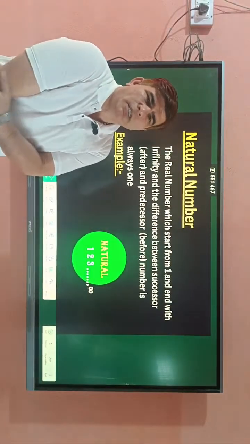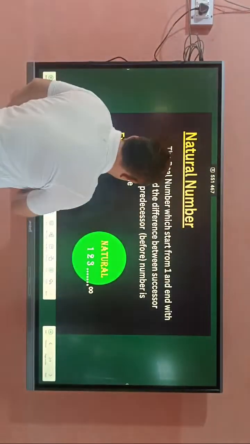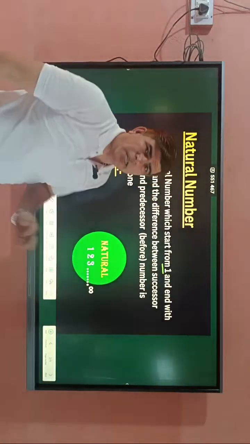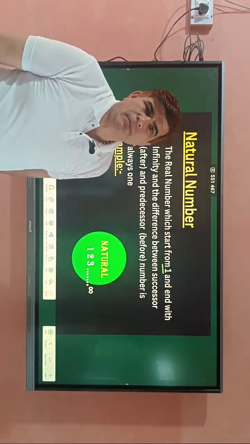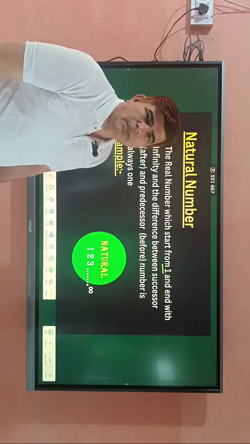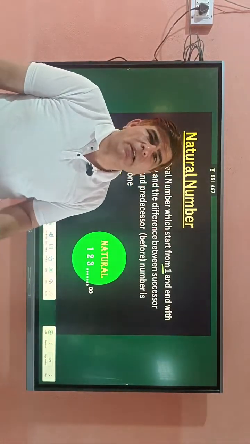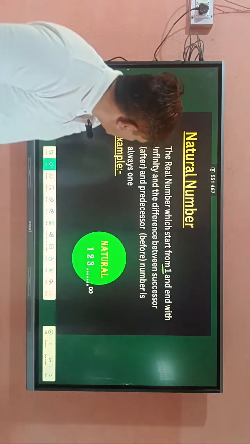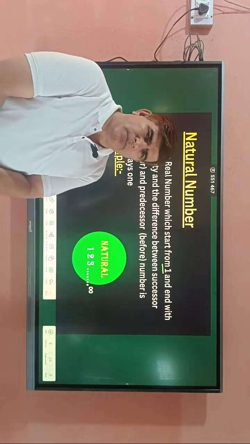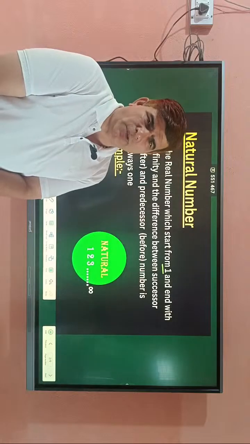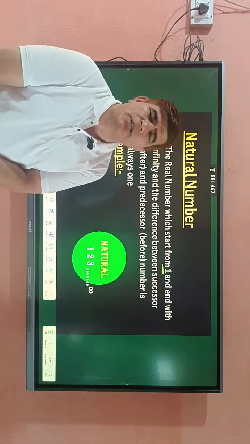So what are natural numbers? Natural numbers are the real numbers which start from 1 and go till infinity, and the difference between the successor and the predecessor is always 1. This is called a natural number.